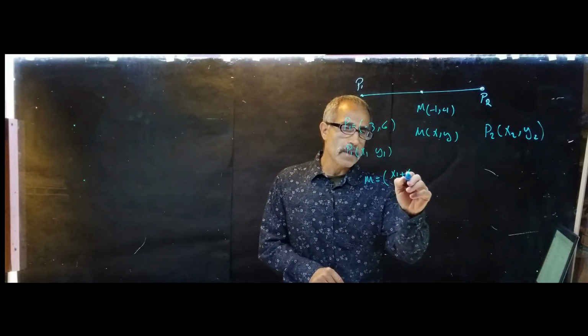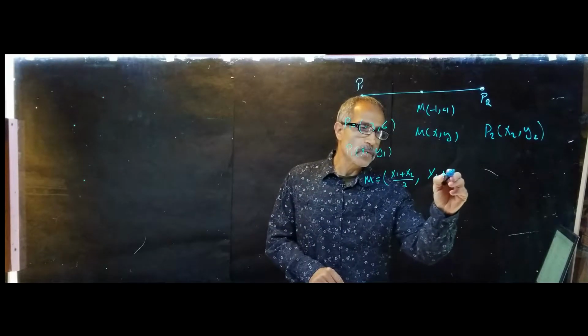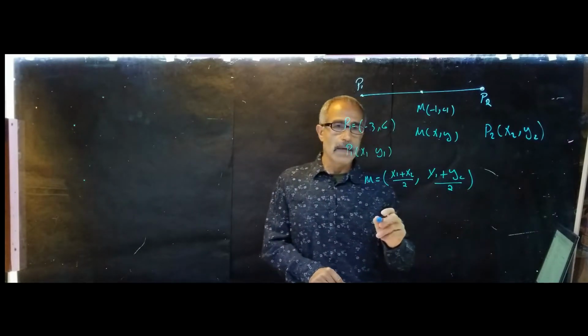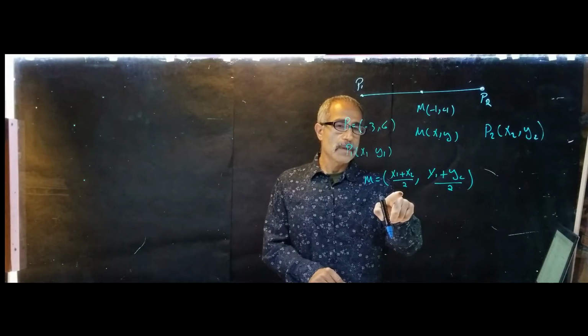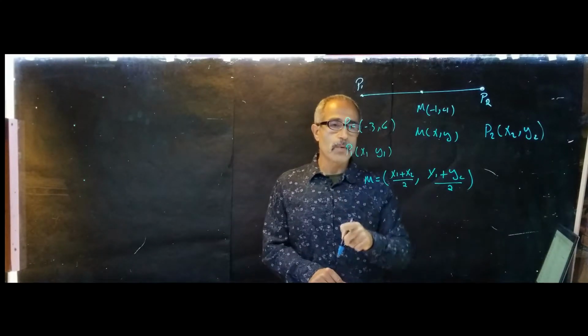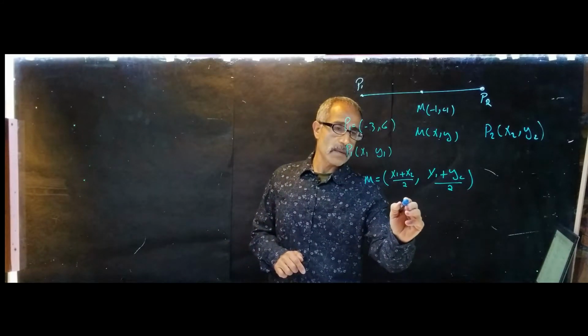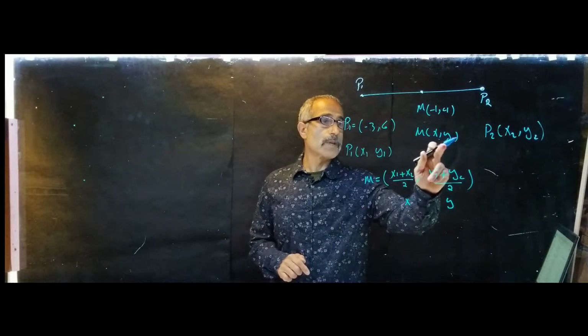X1 plus X2 divided by 2, Y1 plus Y2 divided by 2. And we already know this. We know the midpoint and P1. So we're going to say, okay, this is my x, and this comes out to the y, right? Because M is equal to x and y.